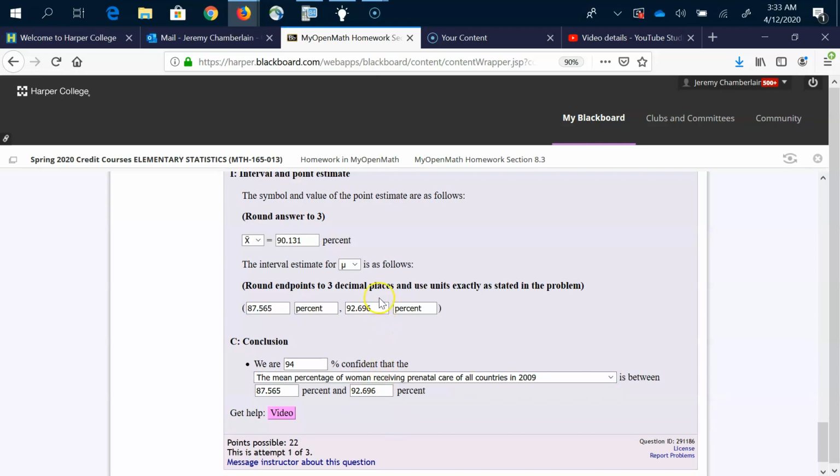And notice there's the upper limit of the confidence interval, there's the upper limit in my conclusion, there's the lower limit in my confidence interval, there's the lower limit in my conclusion. Notice it actually gave me the units percent, and we have that in both locations.